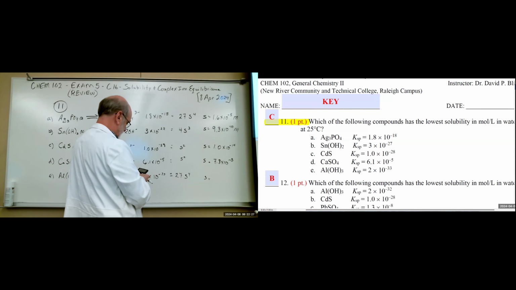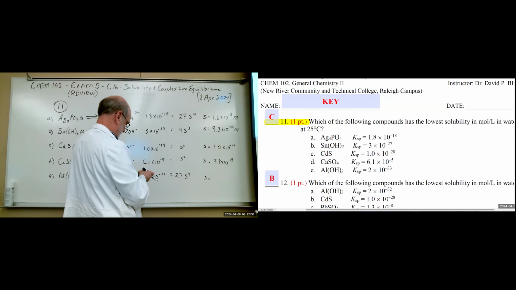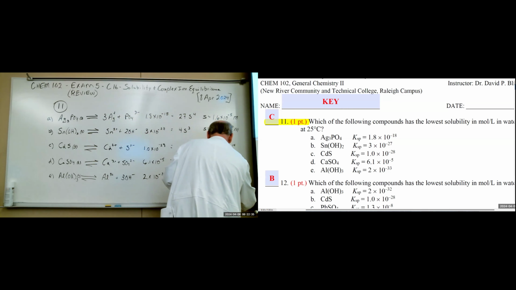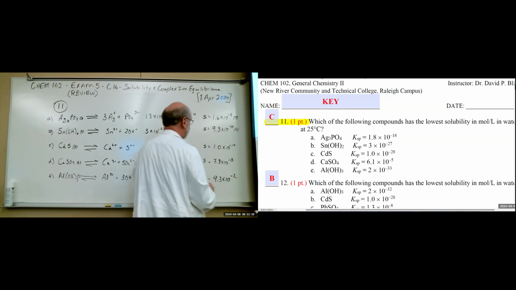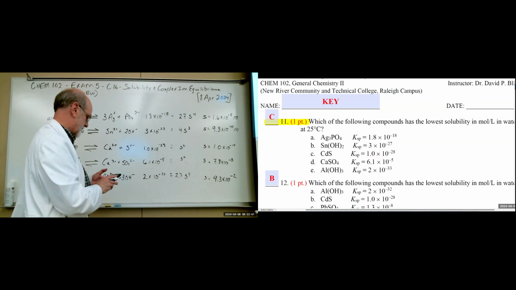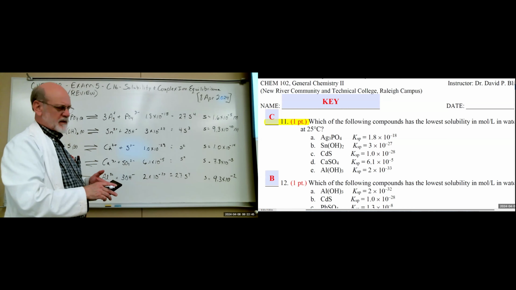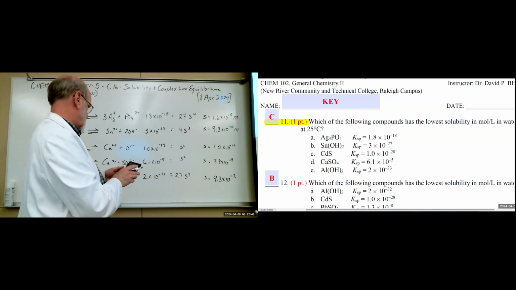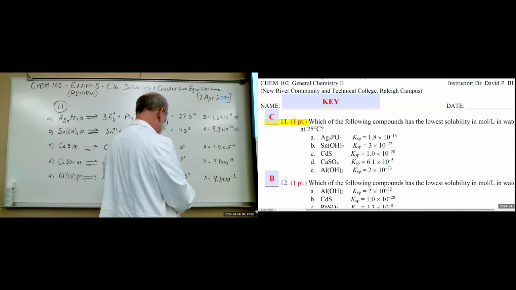Okay. Divide by 27 and take the 4th root. 9.3 times 10 to the minus 2. And I did something wrong. What did I do wrong? Maybe I punched that one in wrong.